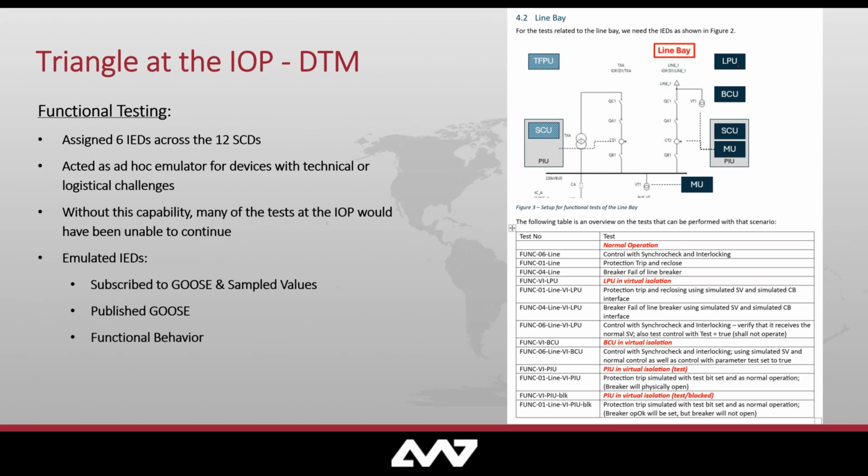And DTM might be assigned to emulate one of these, say the bay control unit. But for example, if the switch control unit, sometimes these would be one device, the PIU, sometimes they'd be broken out into two. Let's say the SU is unavailable, then we could hop in and emulate that device's behavior as well, allowing the test to continue in a situation where we otherwise may have had to abandon it.